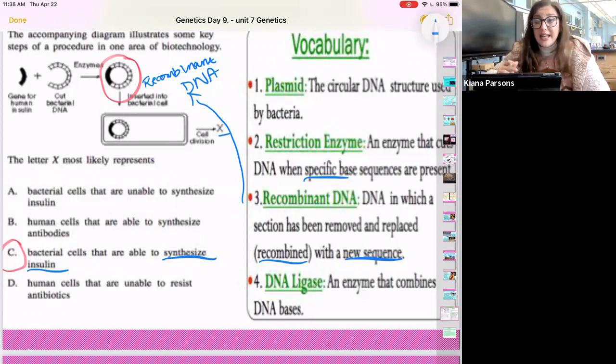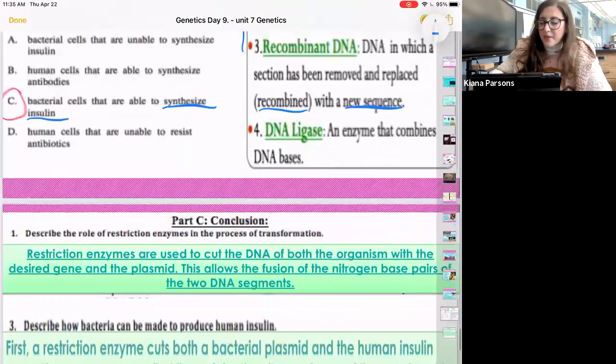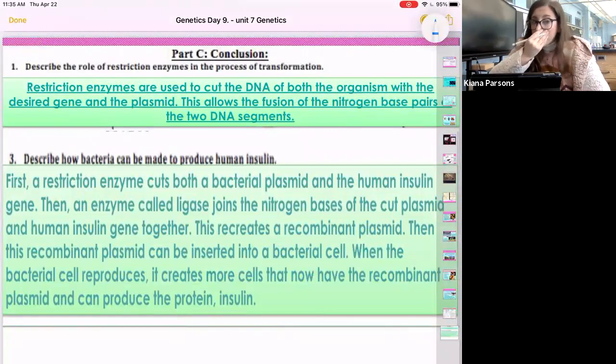So we talked about DNA polymerase that is involved in DNA replication, and now we're talking about DNA ligase that combines DNA bases.